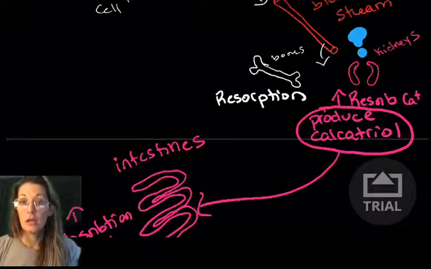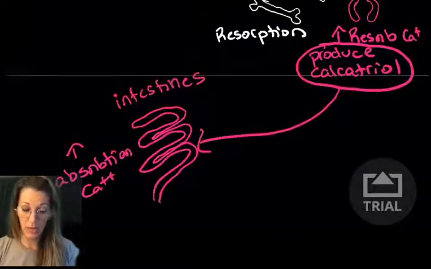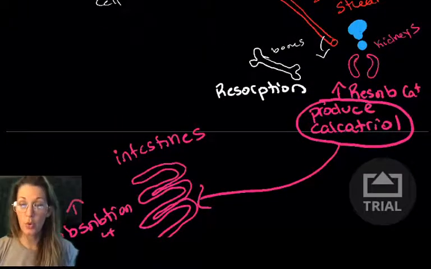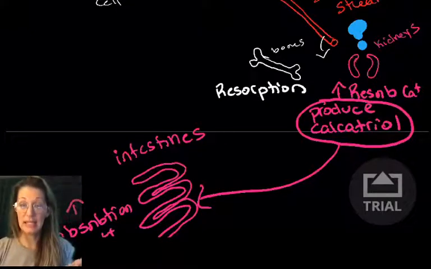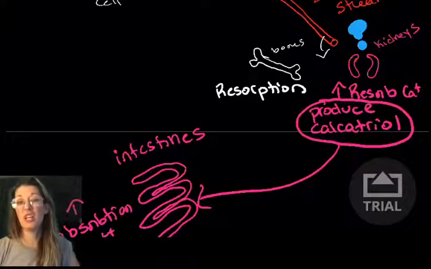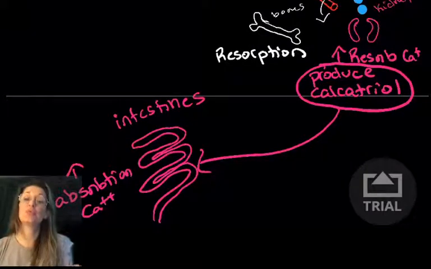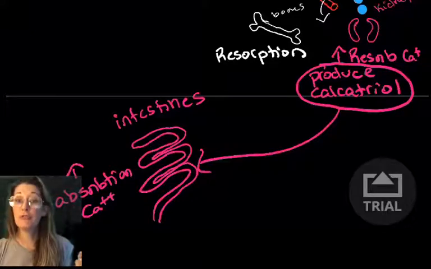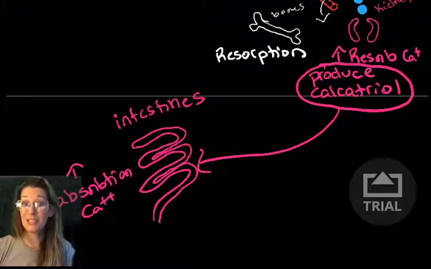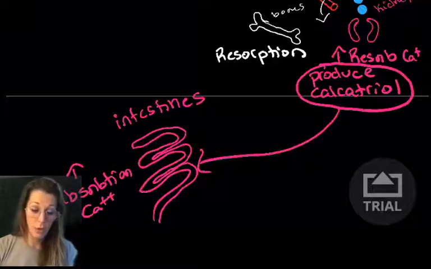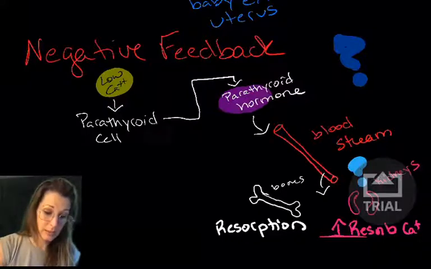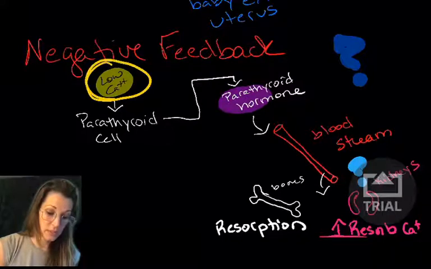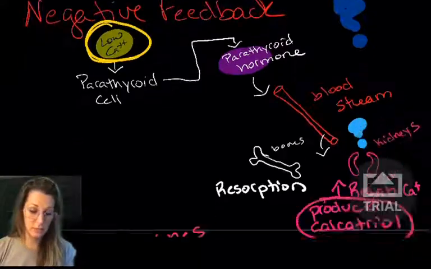So that's why those two terms are a little bit different. Okay, cool. All that's happening, great. So the bones are being resorbed. They're dumping more calcium into the blood. The kidneys are pulling more calcium out of the filtrate, dumping that into the blood. The intestines are pulling more calcium out of the food, dumping that into the blood. So what does that do to that plasma calcium level? Well, remember up here, our first signal, the first reason that this whole system started was that we had low plasma calcium.